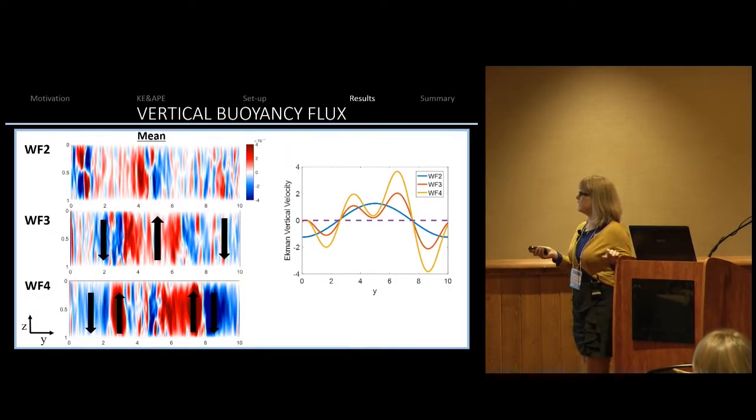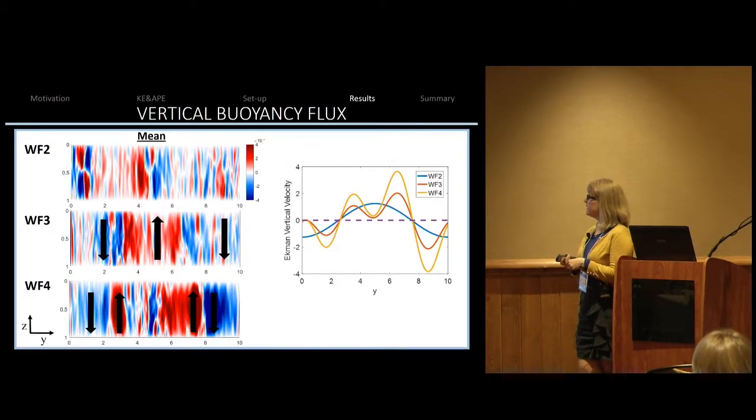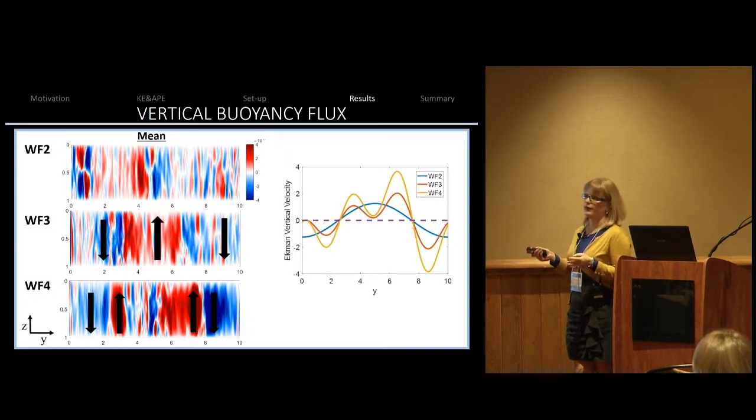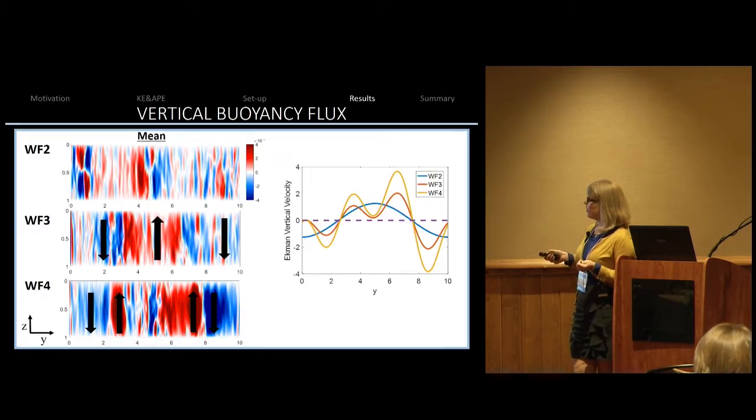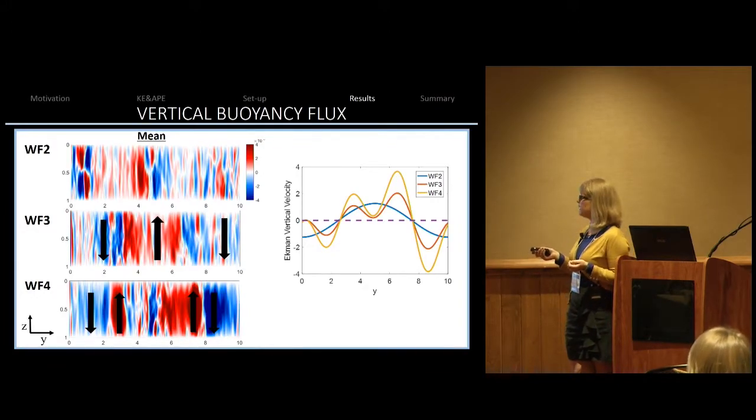And just really quickly, to show that it is indeed wind-driven: this is the vertical buoyancy flux, the mean component, and red is the production of APE, the conversion of kinetic energy into APE. That corresponds with where the fluid is going upward. This is the Ekman vertical velocity, which is the wind-driven velocity at the surface. Regions where it's positive are also the regions where the vertical buoyancy flux is largely positive.